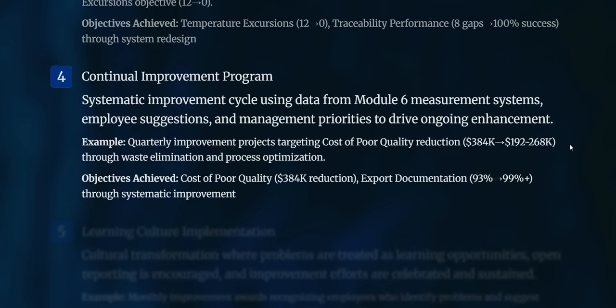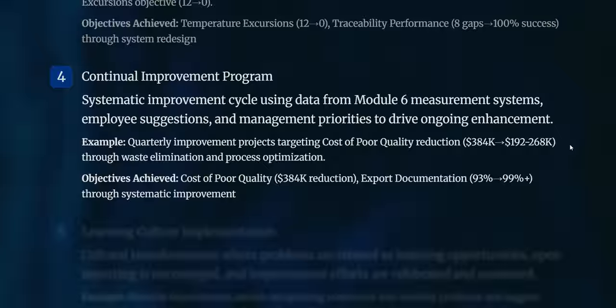The fourth output is a continual improvement program. It must be a systematic improvement cycle using data from Module 6 measurement systems, employee suggestions, and management priorities to drive ongoing enhancement.